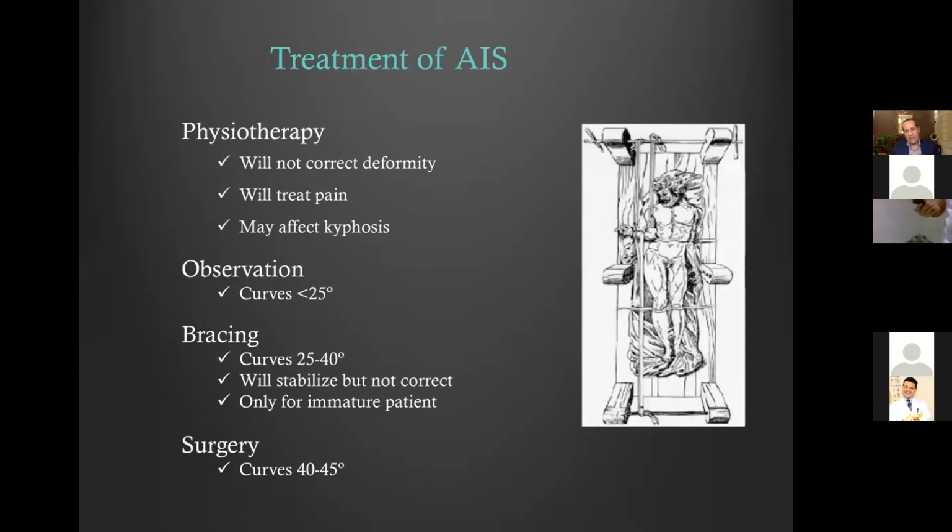So what are the types of treatment? The non-operative treatment includes physiotherapy. There is no evidence from studies till now that it can correct the deformity, but it can strengthen the muscles, it can treat the pain, and there is also evidence that it may affect the kyphotic deformity.